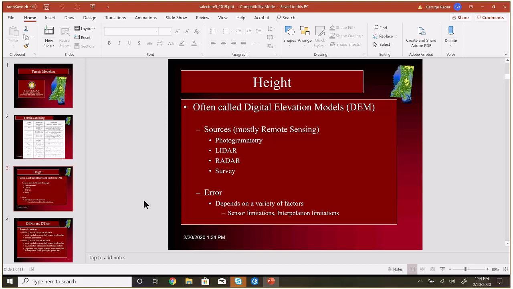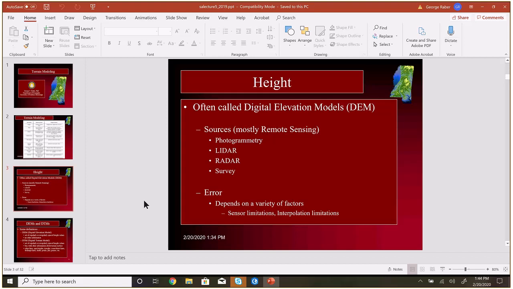Radar and photogrammetry both work through that basic principle: taking two looks at a particular area and looking at the difference, we can triangulate the position of that object. Mathematical principles allow us to come up with a fairly accurate measure, depending on the instrument and how it's used, of where that object is located in space.